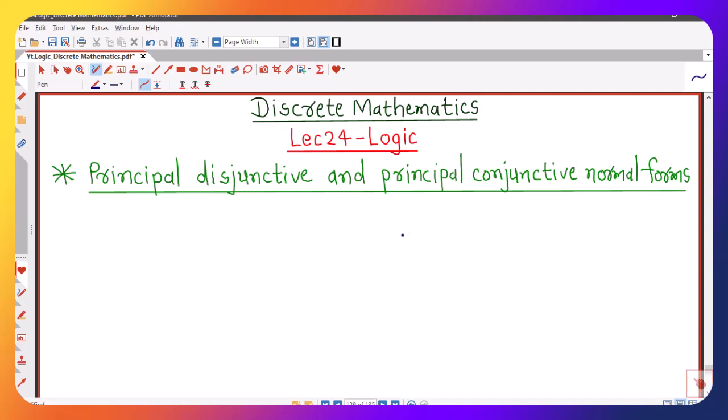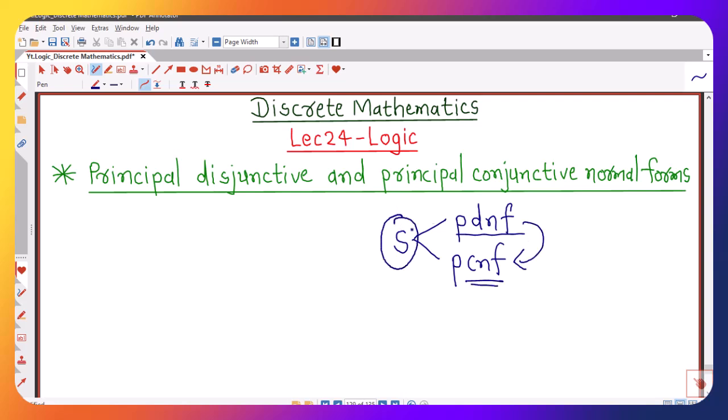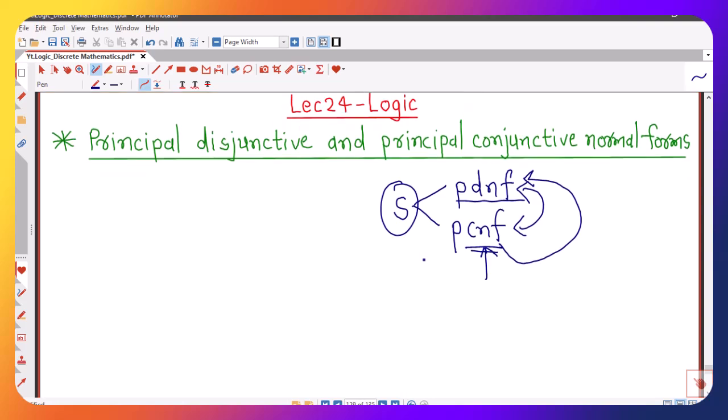So you can use those methods also to write down the principal disjunctive normal form and principal conjunctive normal form of a given formula S. But in this lecture we are going to discuss that if we have the principal disjunctive normal form, then how we can write the principal conjunctive normal form of that formula using it. And similarly, suppose we have obtained the principal conjunctive normal form, then how we can write the principal disjunctive normal form from that conjunctive normal form. So that we are going to discuss in this lecture.